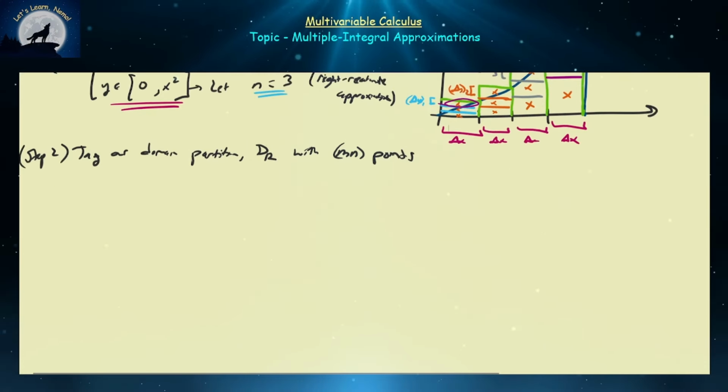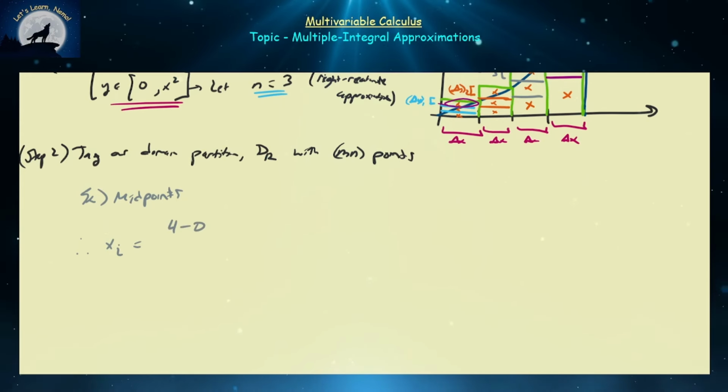So if we look at how that would go for our calculation, if we go with midpoints, not the cardinals, not the intercardinals, but the midpoints of each of those regions, then xi would be equal to (4 minus 0) over 2m, plus j, where j is equal to 0, 1, 2, and 3.